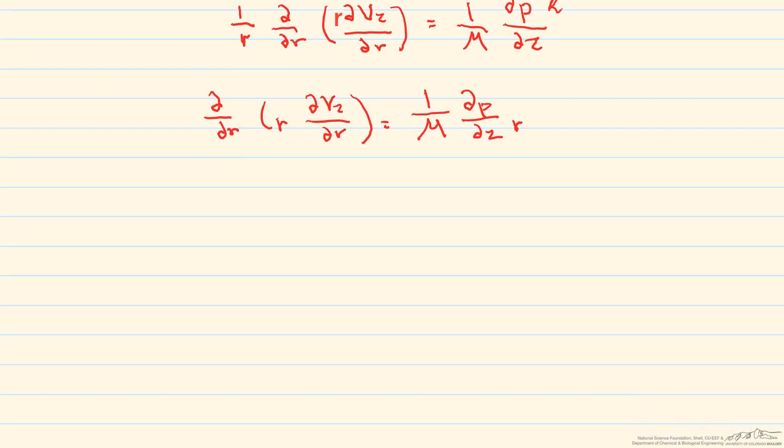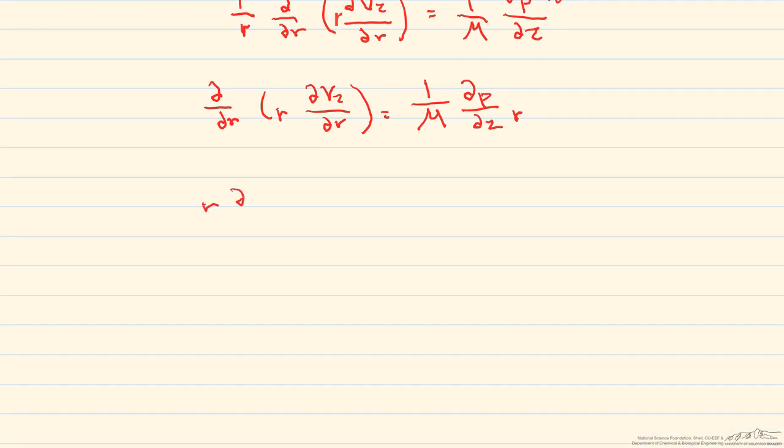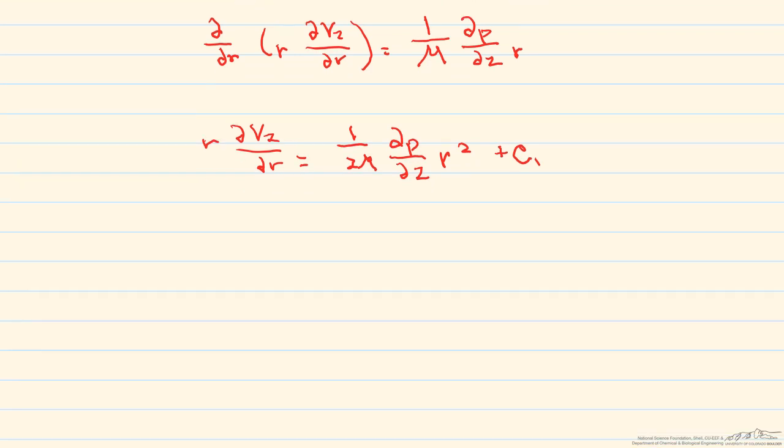Let's integrate this. We get r dvz/dr is equal to 1 over 2 mu dp/dz times r squared plus a constant. Now we're going to divide through by r.